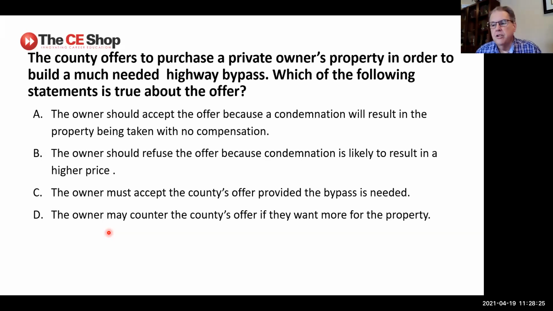The owner should refuse the offer because condemnation is likely to result in a higher price. The owner must accept the county's offer provided the bypass is needed. The owner may counter the county's offer if they want more for the property.